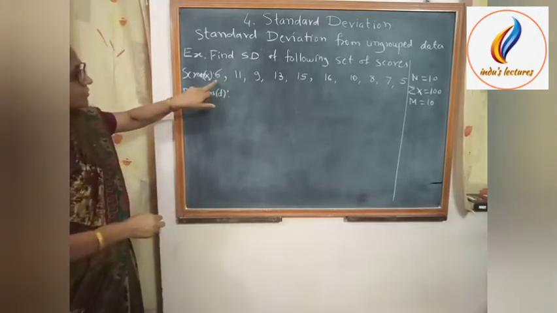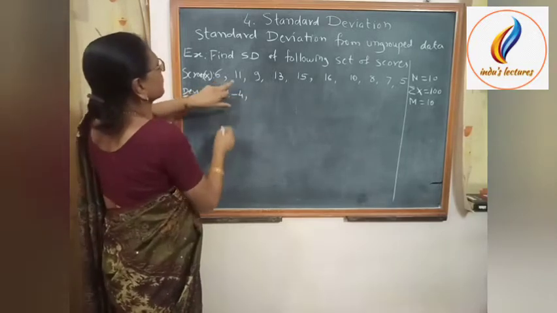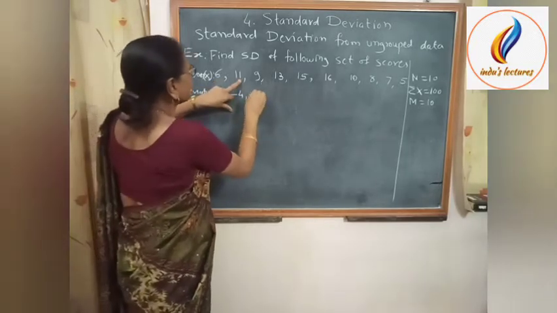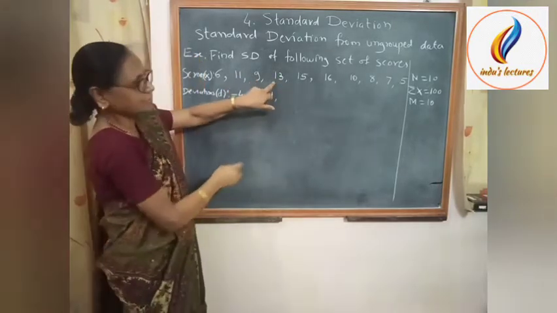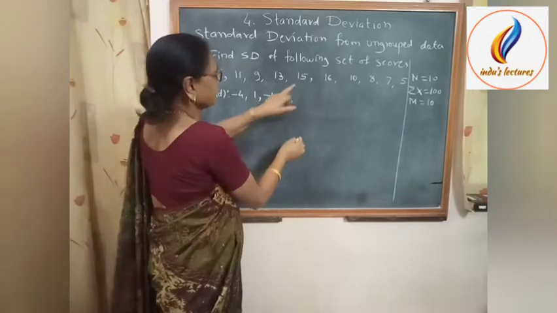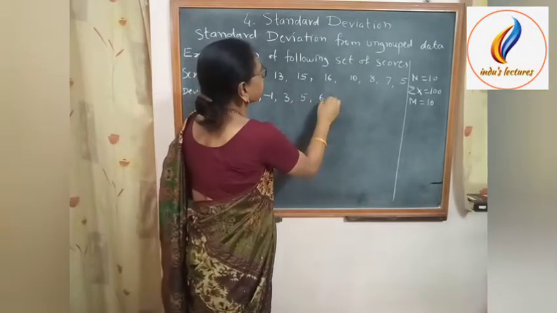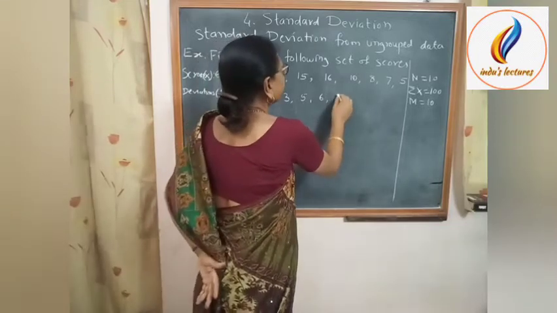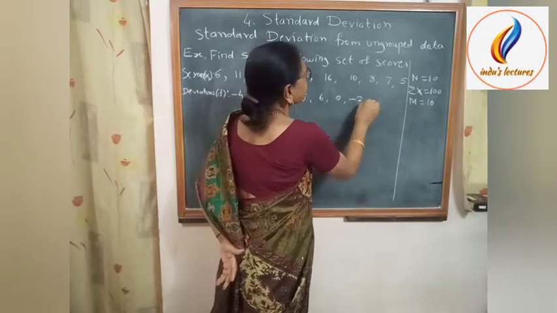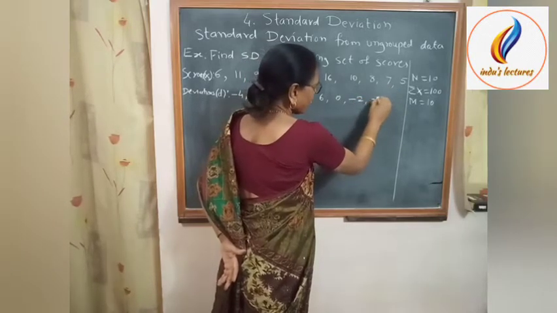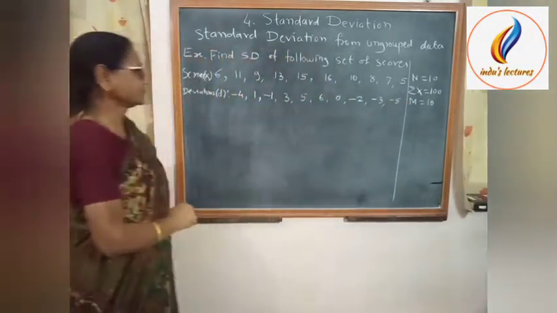The deviation of 6 from mean 10 is minus 4, of 11 is plus 1, of 9 is minus 1, of 13 is 3, of 15 is 5, of 16 is 6, of 10 is 0, of 8 is minus 2, of 7 is minus 3, and of 5 is minus 5.